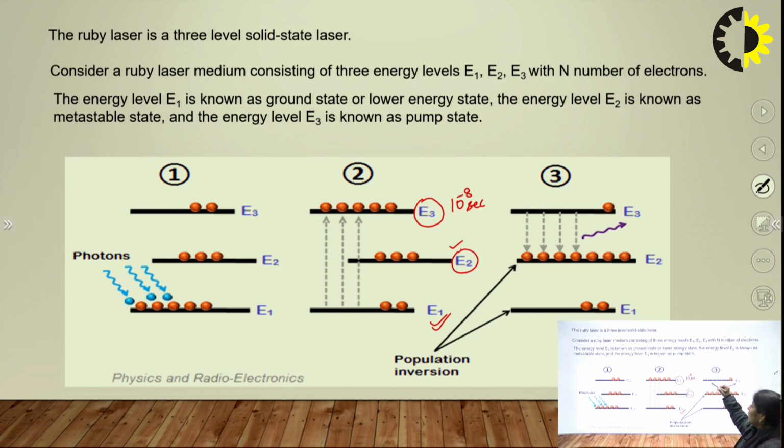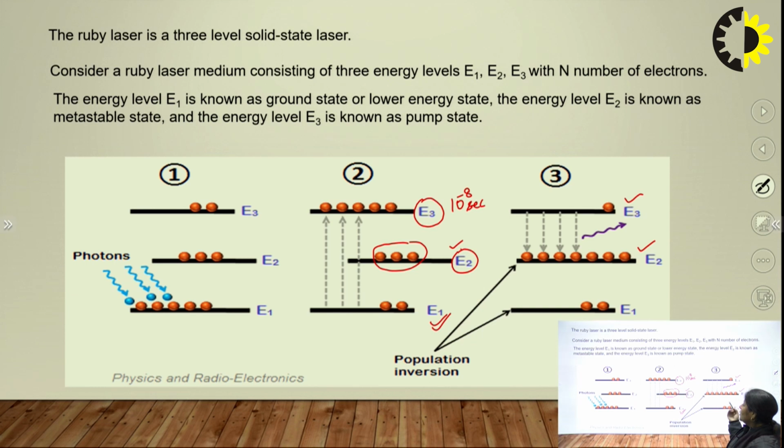In this process of giving out energy, their energy reduces from E3 to E2 and they start coming to the energy level E2. Now it is very interesting to note here that E2 is already having some atoms present, and E2 is also having atoms from E3.